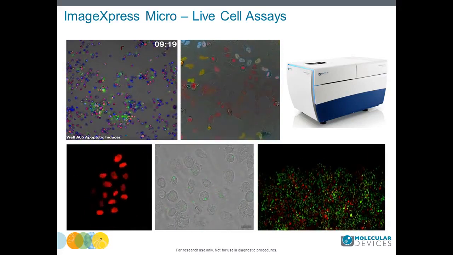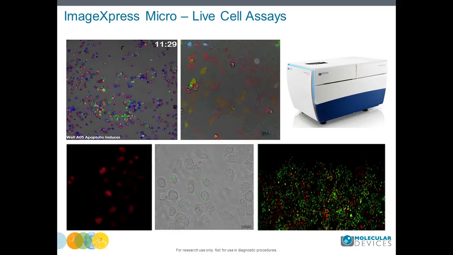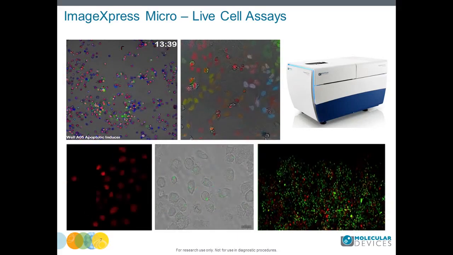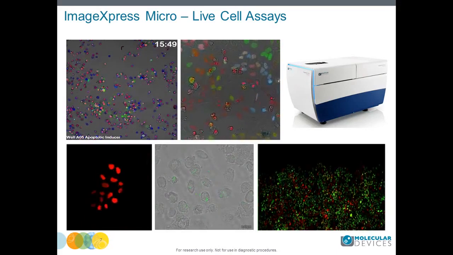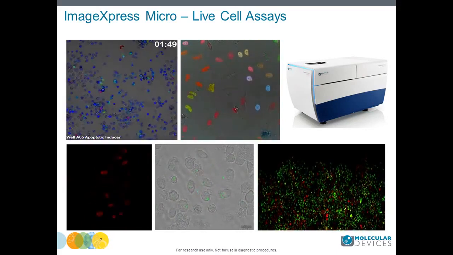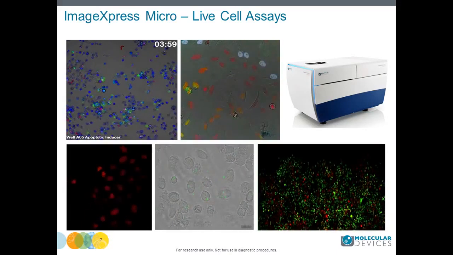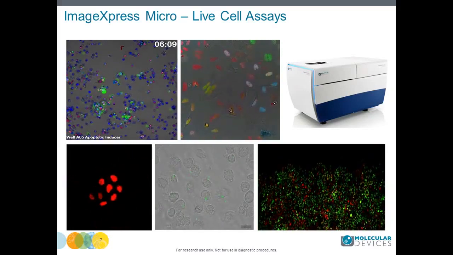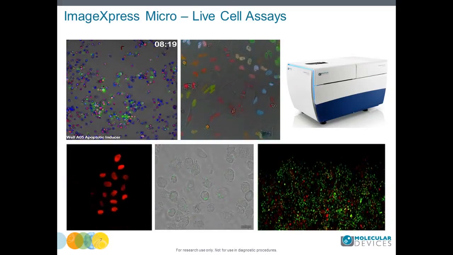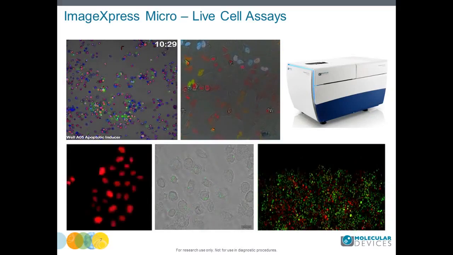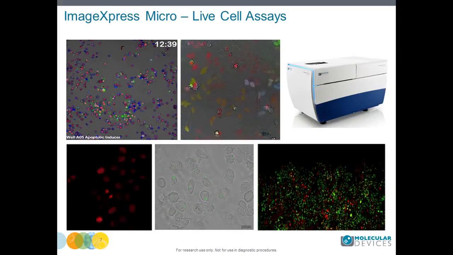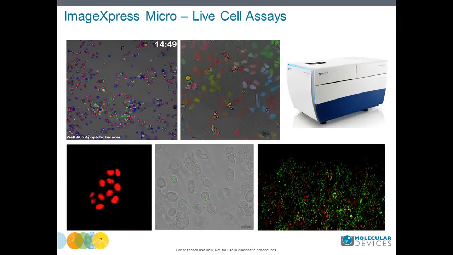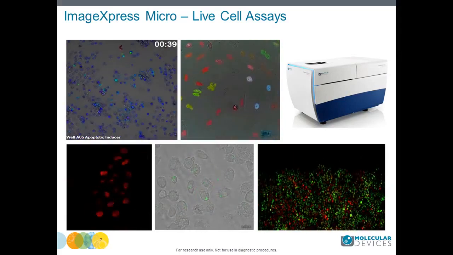So we have apoptosis, cell proliferation, bacterial phagocytosis, cells migrating with a variety of sensors in them, and a multicolor assay going on over time lapse. So these are all possible with the ImageXpress Micro systems.